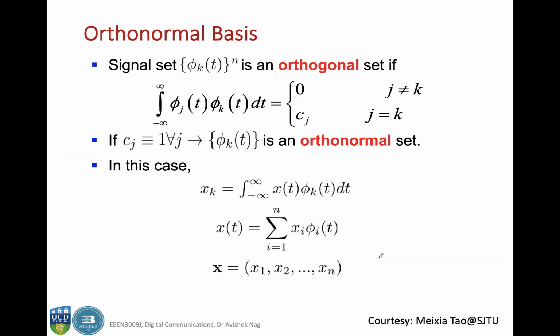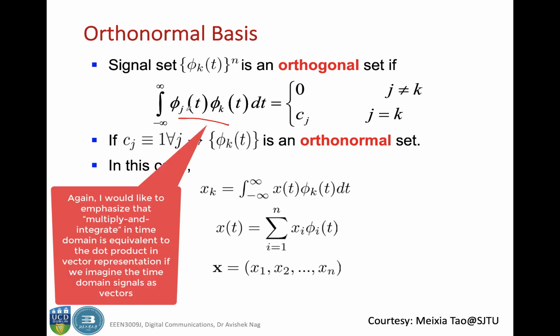So as I was saying, you can think of this phi1, phi2, phi3 up to phi n as orthogonal to each other. So orthogonality means this: for any j and k, if you take the product and integrate them, it will give you 0 for j not equal to k, and it will give you some constant cj for j equal to k. And if you can also make sure that this cj is 1, then this is called an orthonormal set.